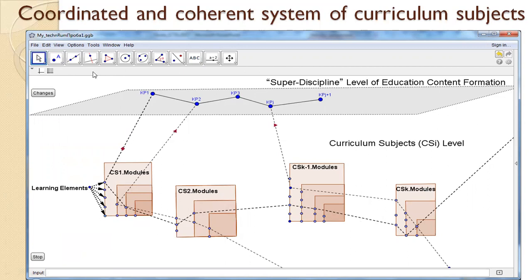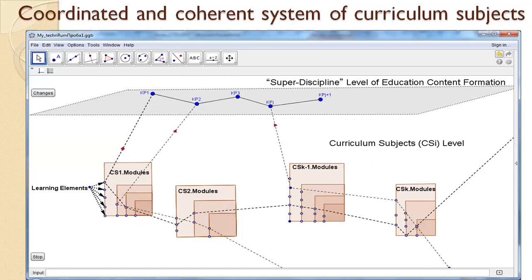Here you can see the semantic network of superdiscipline level and modules with frames grouped among the proper key points of super level of educational content. So you can see that each course can be represented as a nested system of frames, and each frame consists or covers the system of learning elements with links which are spread and penetrated via the modules.